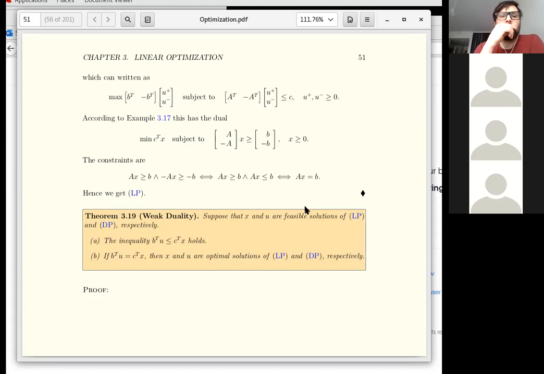Really, what is the important thing here is that let's say that we have a linear programming problem, and let's assume that it's in standard format.